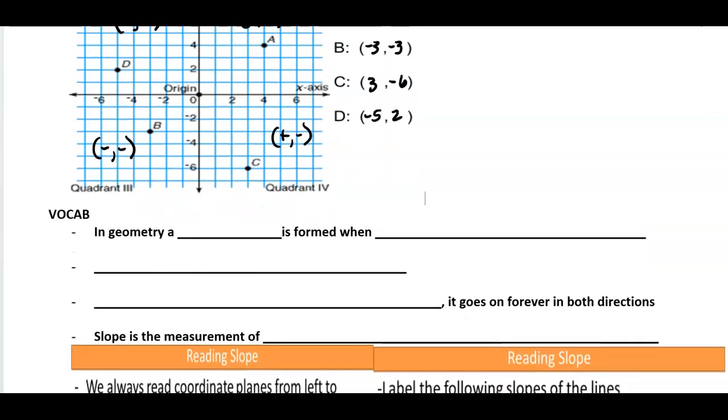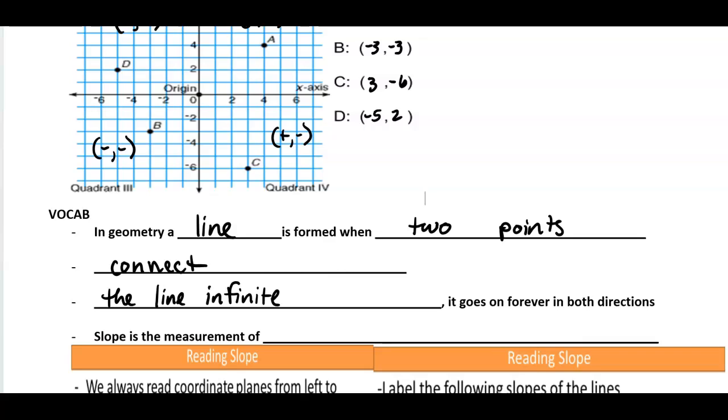So in geometry, a line is formed when 2 points connect. A line is infinite, and it goes on forever in both directions.